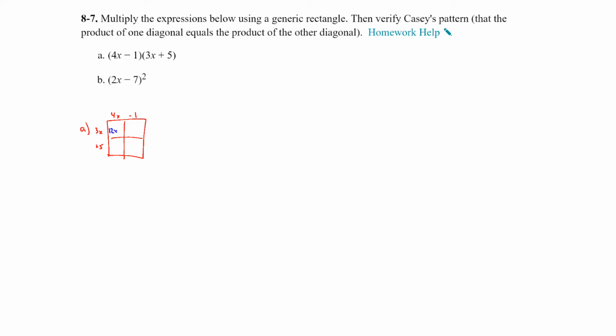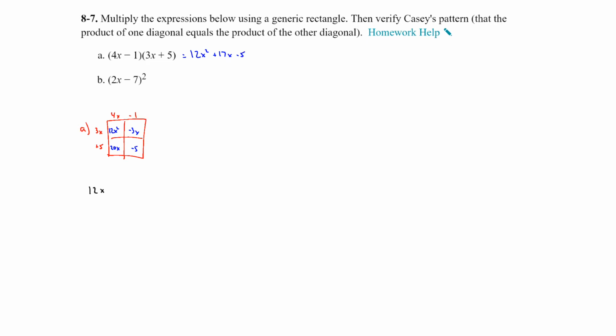Looks like we will get 12x squared minus 3x plus 20x minus 5. And then if we simplify that, that'll be 12x squared plus 17x minus 5. And we want to verify that the diagonals give you the same answer.